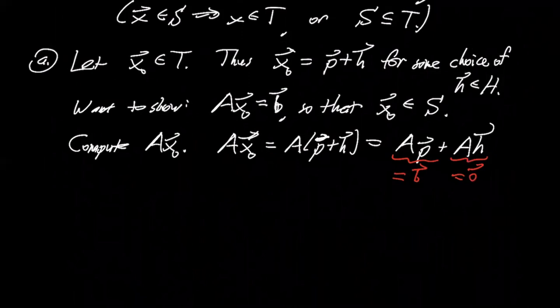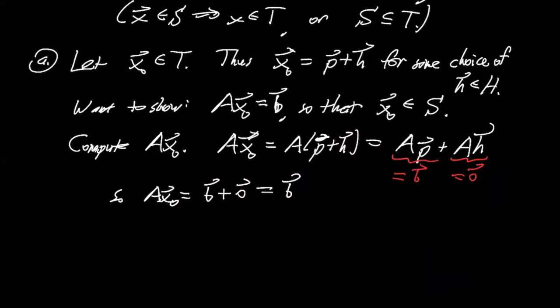So AX naught is B plus 0, which is just B. And there it is. We just showed AX naught equals B.